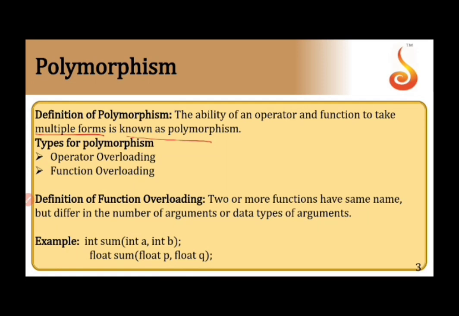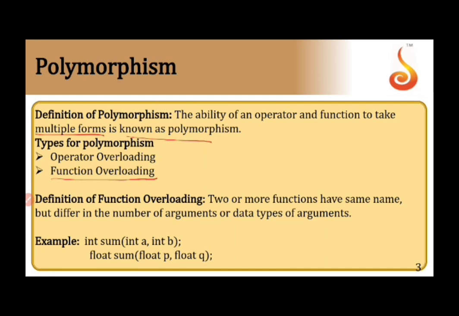So the definition of polymorphism is nothing but the ability of an operator or a function to take multiple forms. So there are two types. One is operator overloading and the other one is function overloading. For your syllabus we'll have only function overloading. So we'll start with function overloading then.